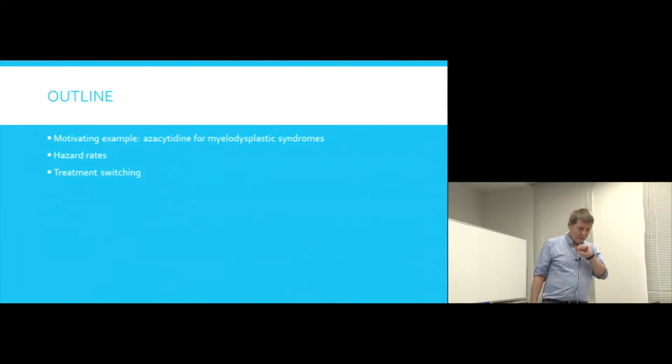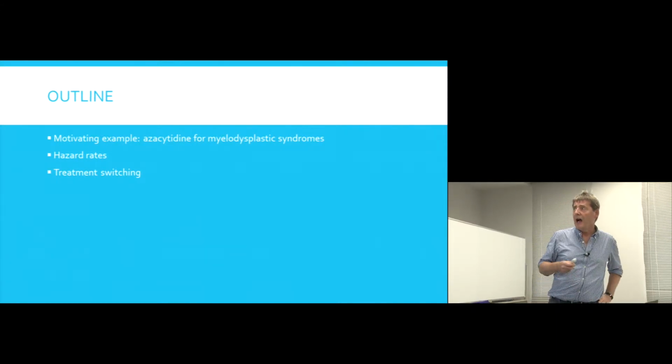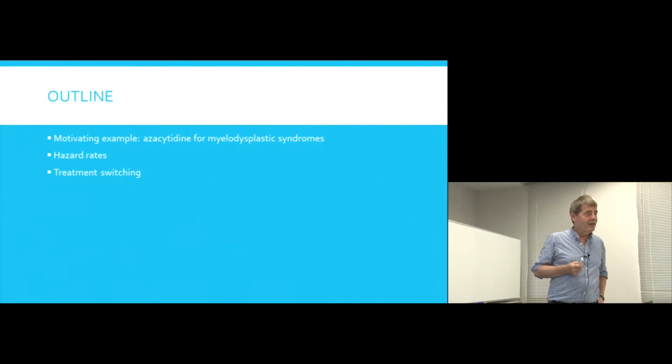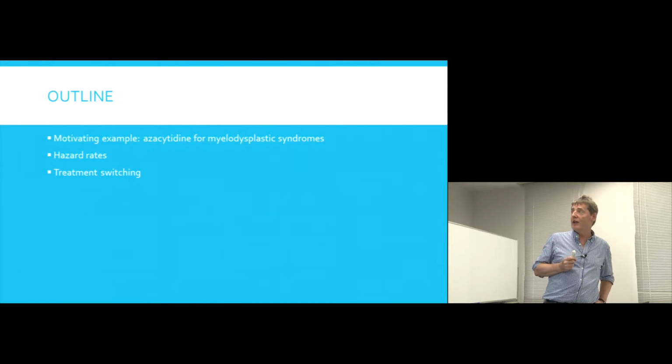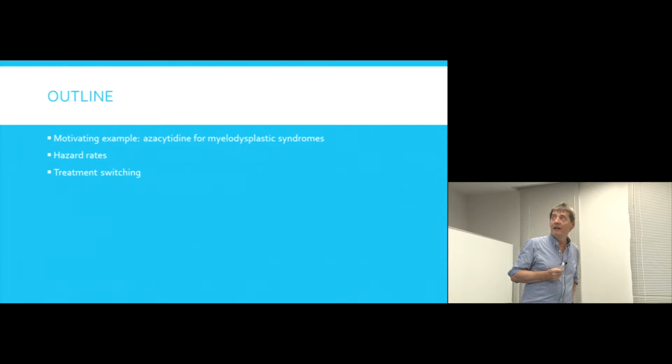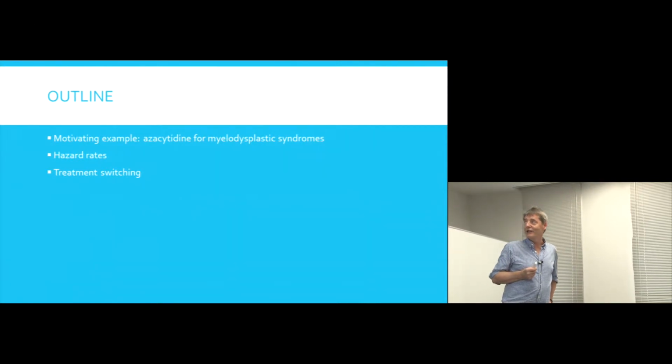Now, to start this off, I've got a motivating example to highlight its importance. It's a drug called azacitidine for a condition called myelodysplastic syndromes. Those of you who are clinically trained, that will mean a lot to you. The rest of us, essentially in this condition, the patient is not forming blood cells properly.